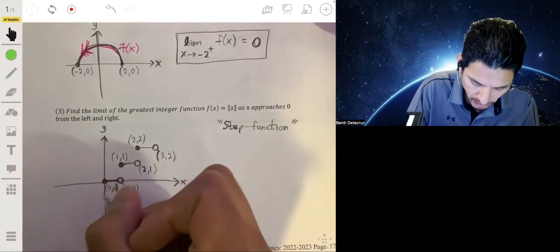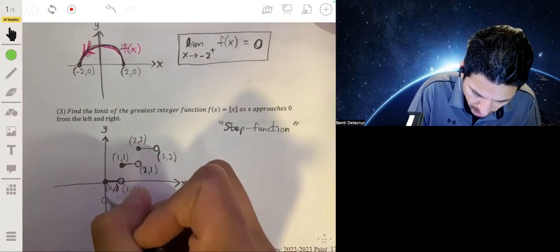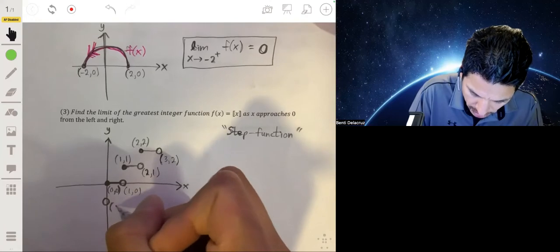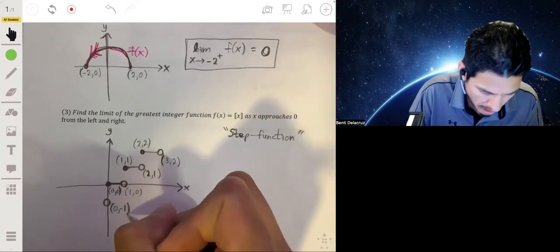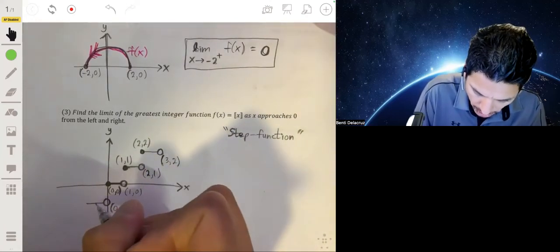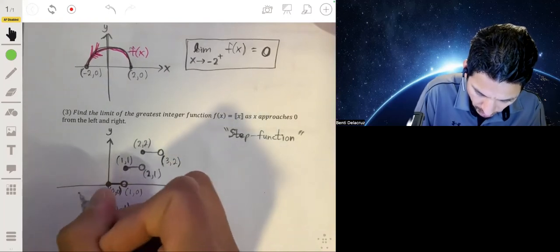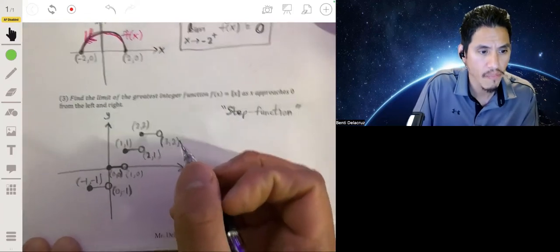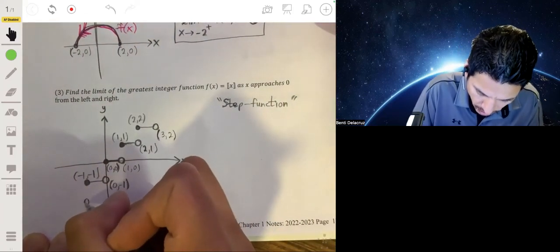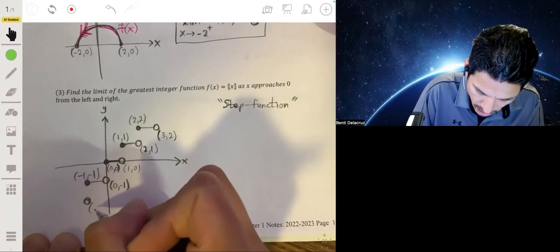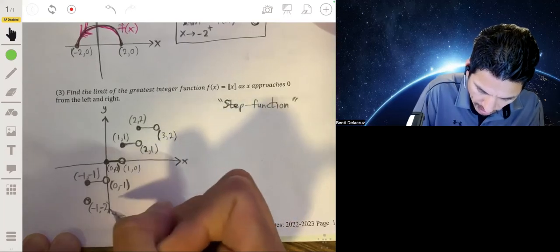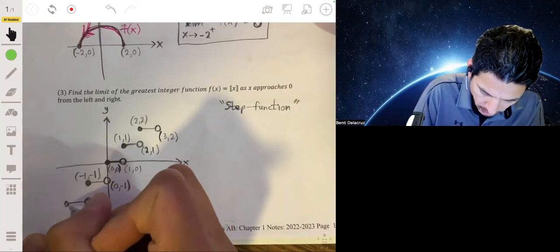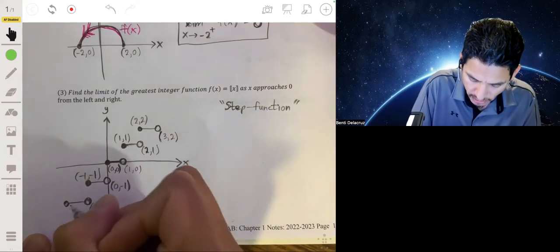Now, if we went to the left side, it would be the same sort of thing. You would have an open circle at 0, -1, and a closed circle at -1, -1. And below that, an open circle at -1, -2, and a closed circle at -2, -2.